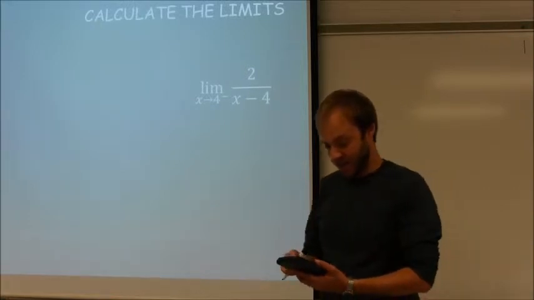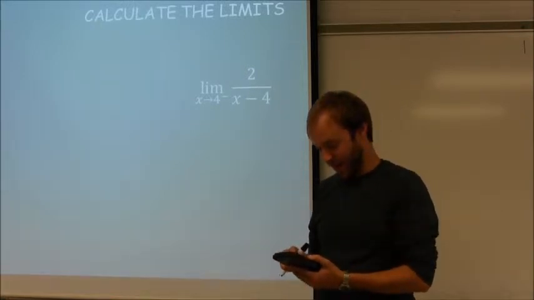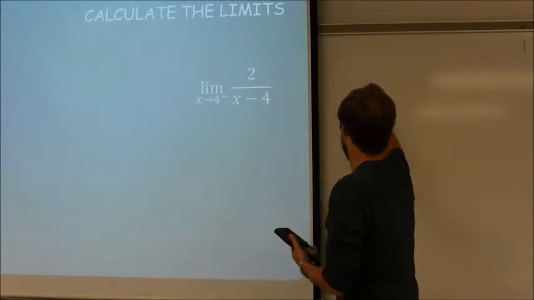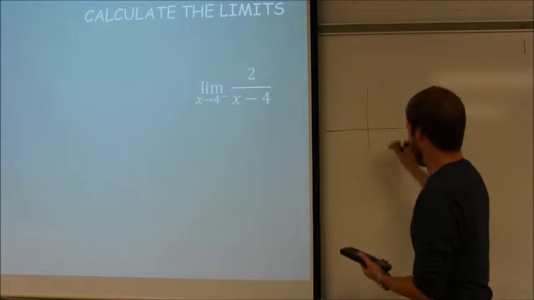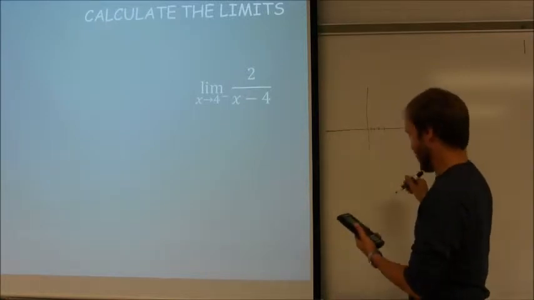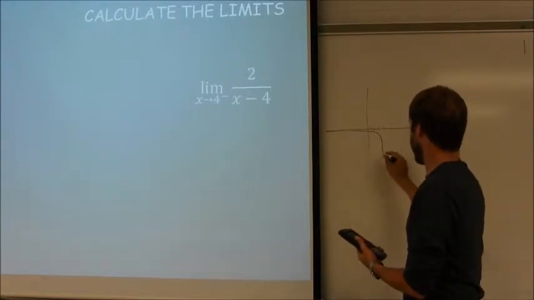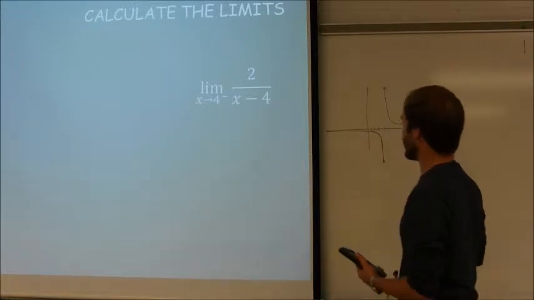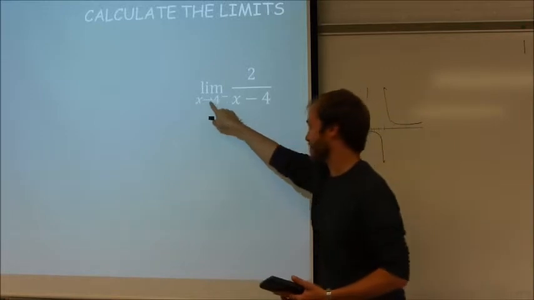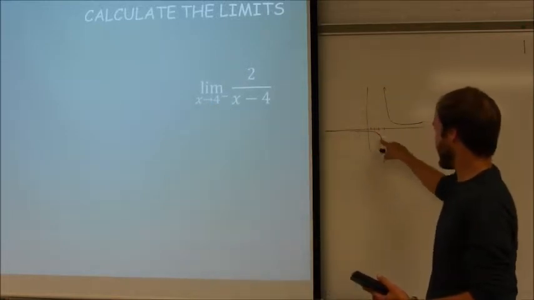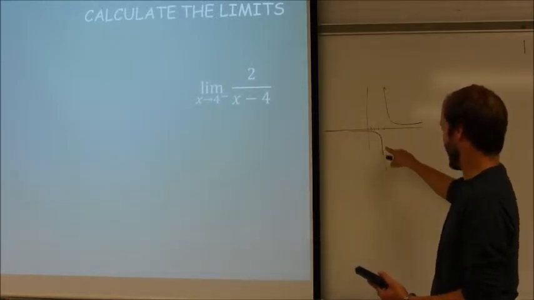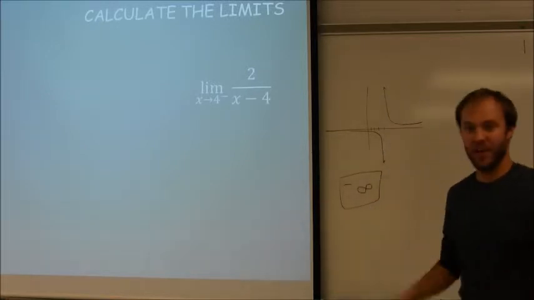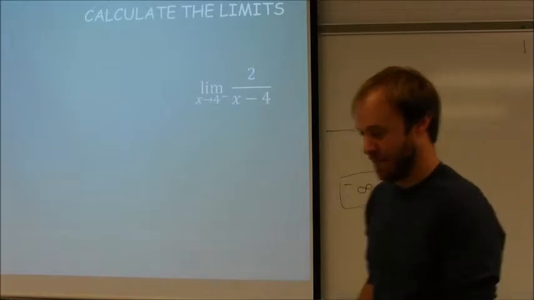So I really need to take a look at my graphing calculator and see what that graph is going to look like. And very quickly, as you make a graph here, what's going to happen is at 4, there's an asymptote. The graph is going like this on one side, and the graph is going like this on the other side. So as it approaches 4 from the negative side, from the left-hand side, we can see that the graph is going downward infinitely. We get a limit of negative infinity.